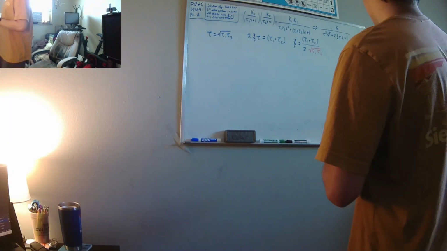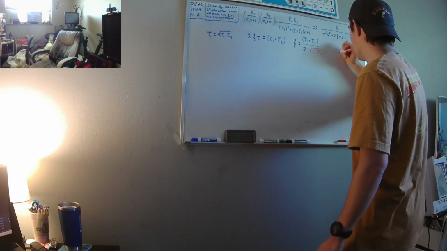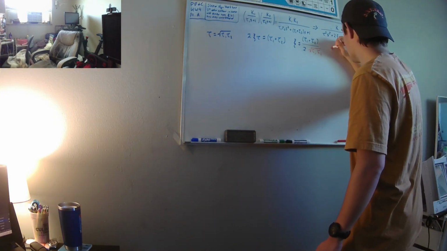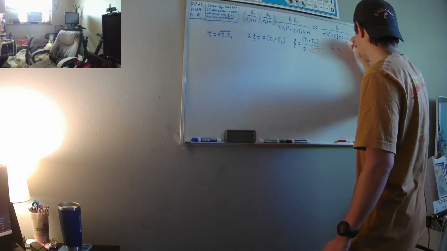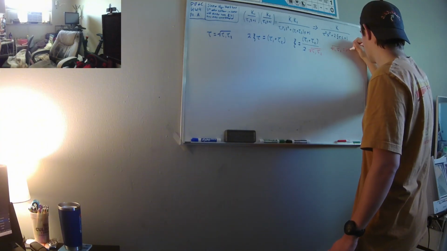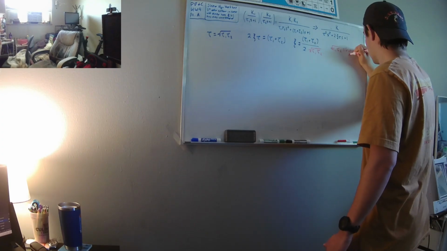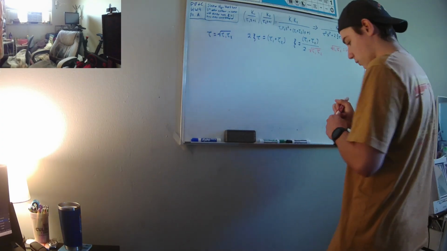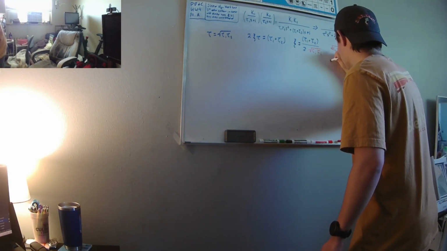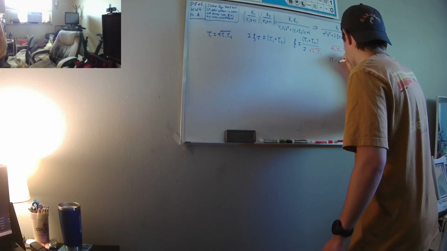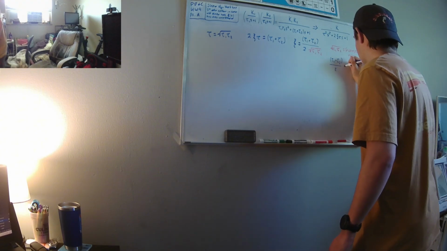You'll notice here that we've got both the geometric mean, which is our square root of tau 1 tau 2, as well as the arithmetic mean, our tau 1 plus tau 2 over 2.